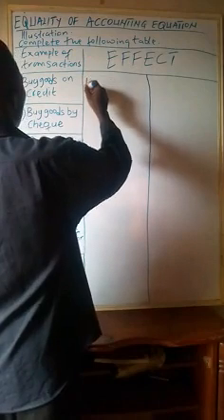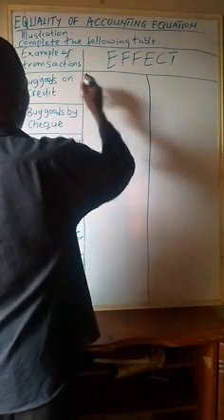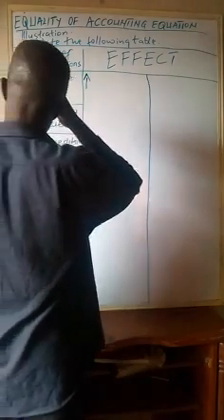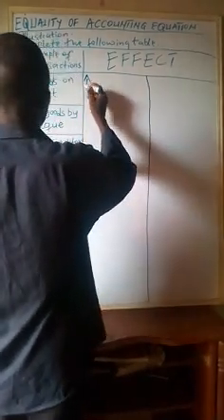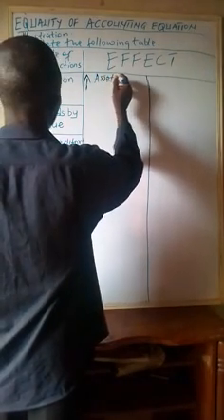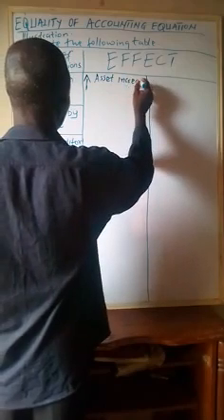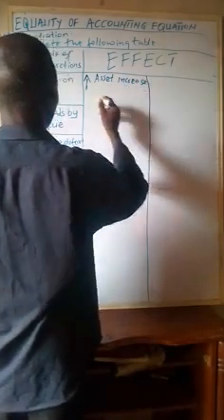I put this arrow as a symbol of increment or decrease. So asset increase. And what is the asset that increases?